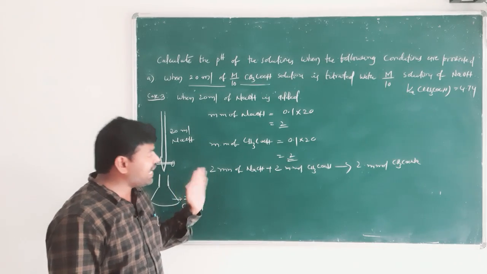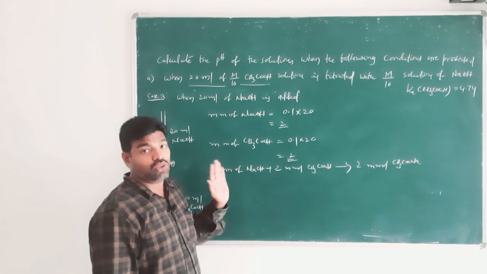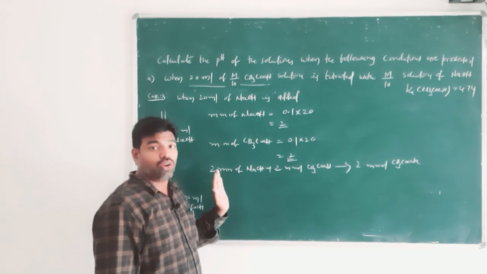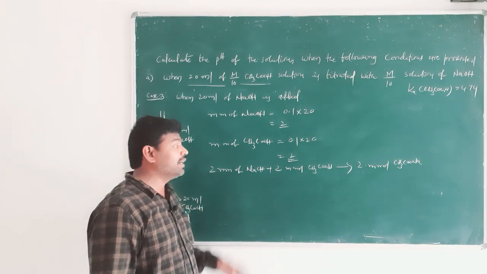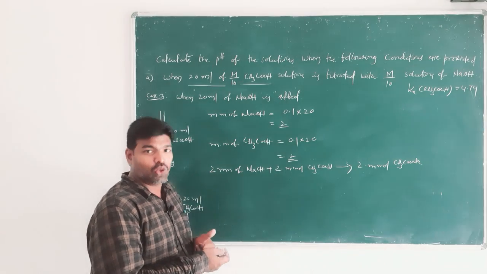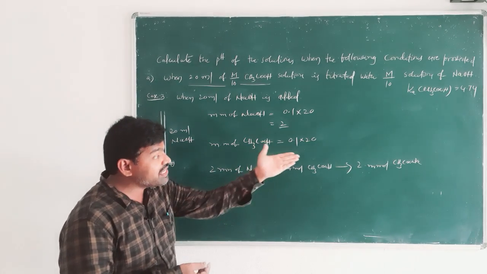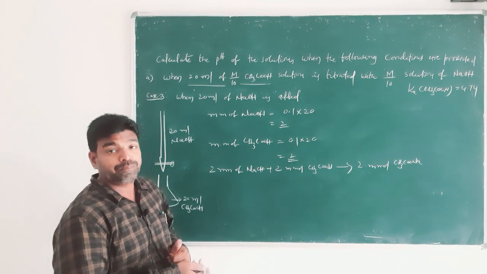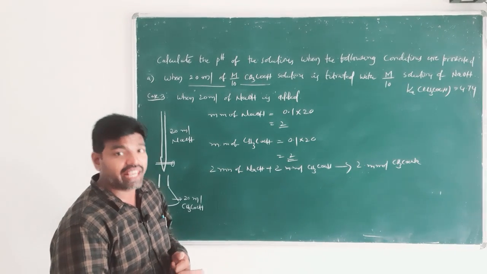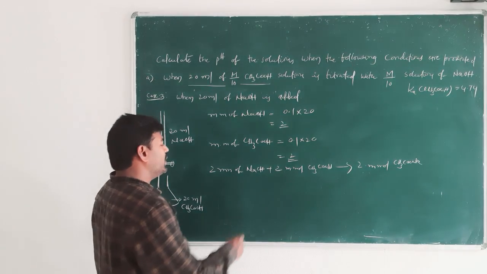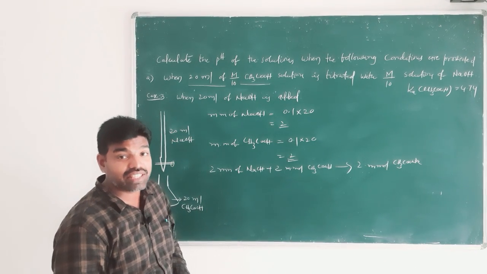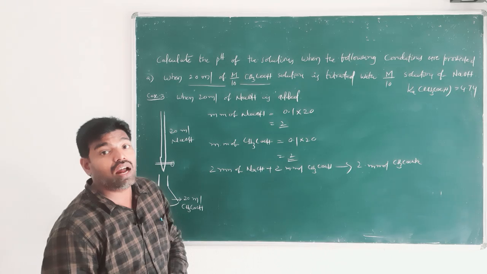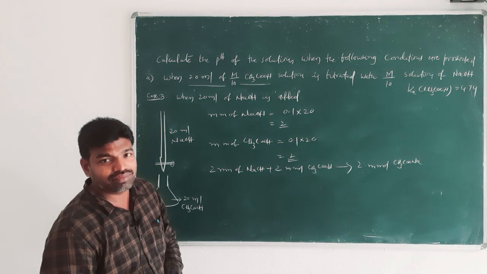The total acid is reacted with the total base, that is, acid and base are completely neutralized, and salt formation takes place. So in this condition we have to calculate the pH by using the salt hydrolysis formula.